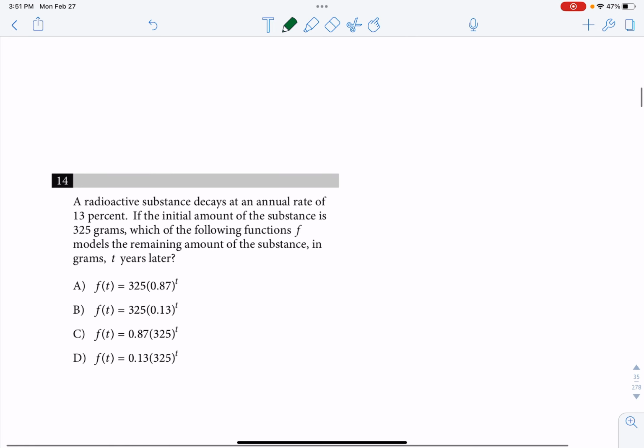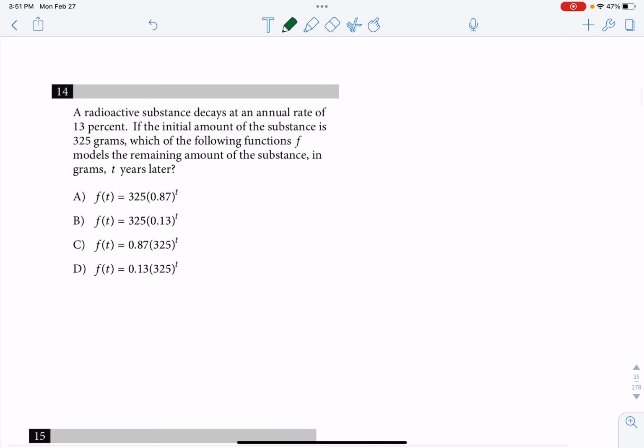And then another one. A radioactive substance decays at an annual rate of 13%. If the initial amount of the substance is 325 grams, which of the following functions F models the remaining amount of substance in grams T years later?